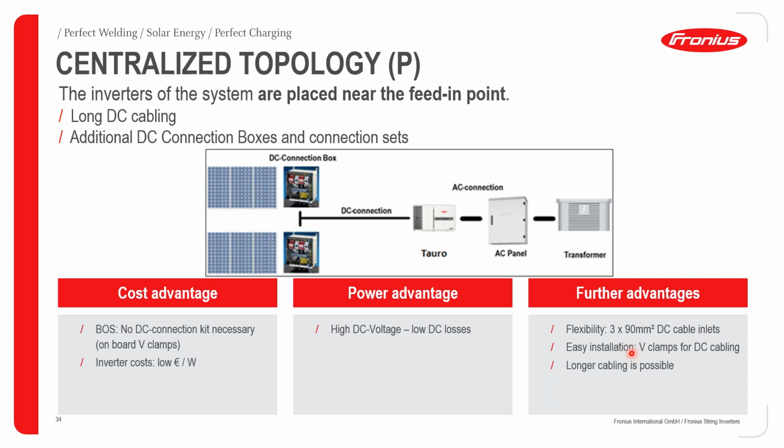Further advantages include the possibility of connecting up to 3 times 90 mm squared DC cable because of the inlets provided in the inverters. We're going to see that also in subsequent slides. And then, of course, easy installation because of the big clamps, and longer cabling is possible in this case.